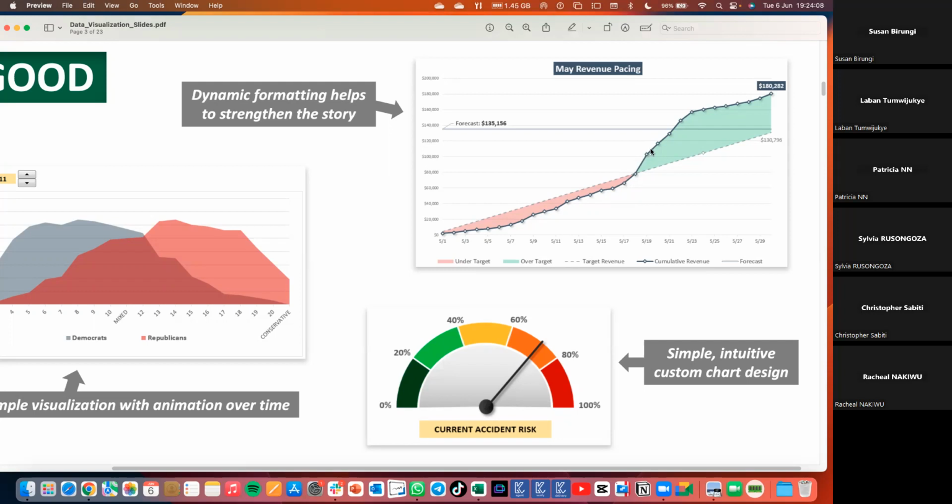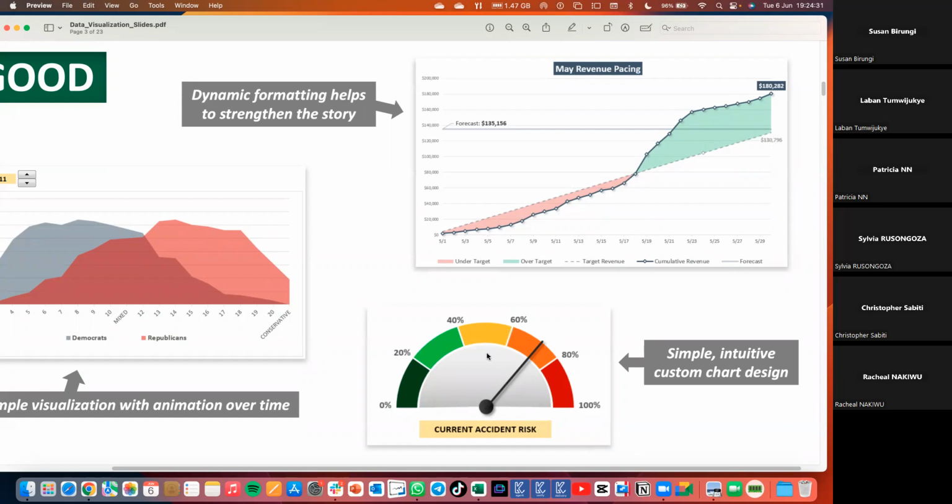The moment it moved on top of the target, automatically that is in green. I've already told a story. Someone will just look at the cutoff, which was 18, and that person will know that on the 18th, we had our cutoff to the positive end of maybe the revenue, up to the end of the month, which is so brief.